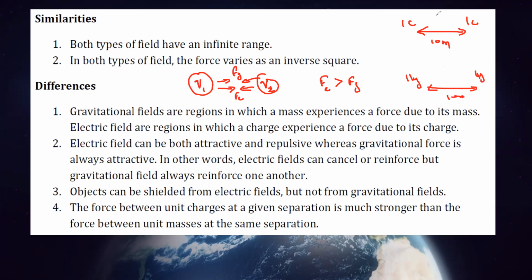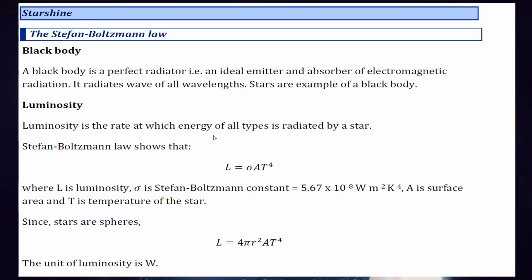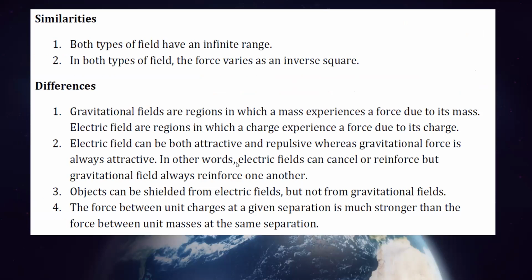When we compare the strength of the electric field with the gravitational field, the electric field is much stronger. So this was the comparison between the electric and the gravitational field.